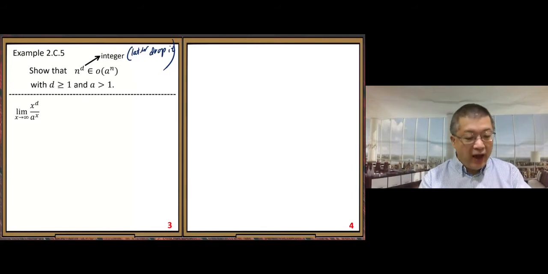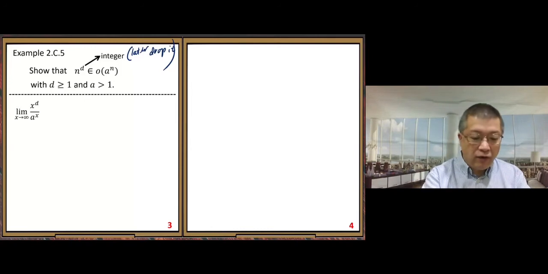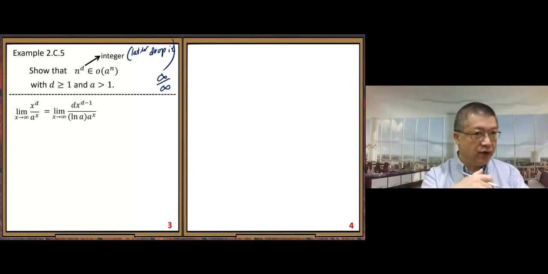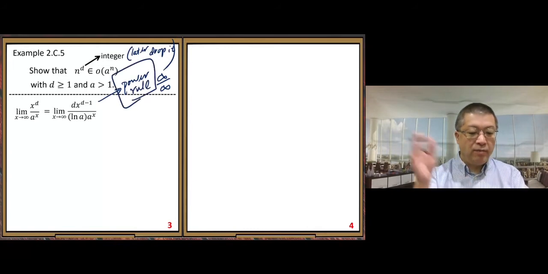Then we check that it is an indeterminate form, infinity over infinity, so we can apply L'Hopital's rule. When we apply it, we take the derivatives of the numerator function and the denominator function. For the numerator function, we use the power rule. Remember, in calculus, for derivatives there is a power rule.